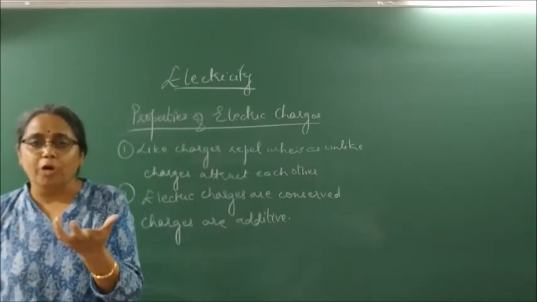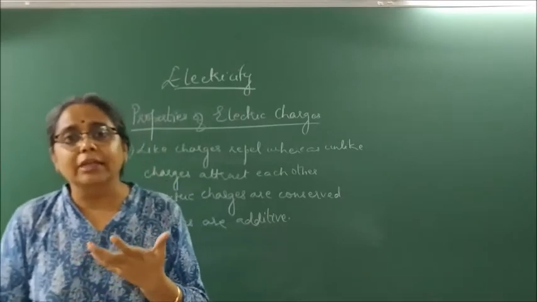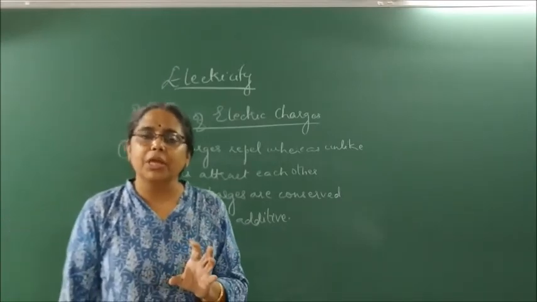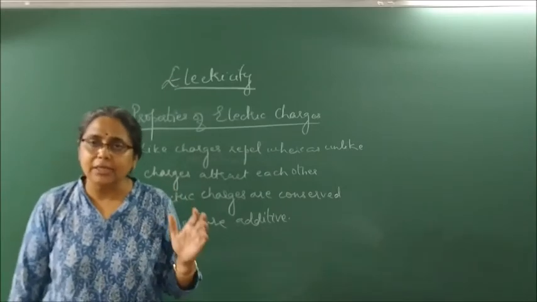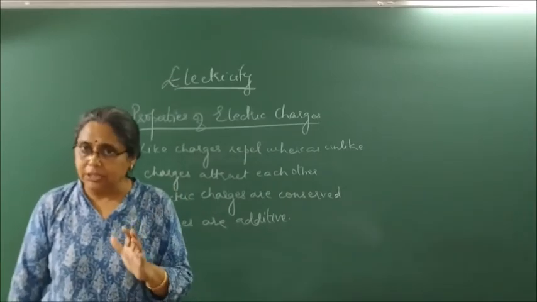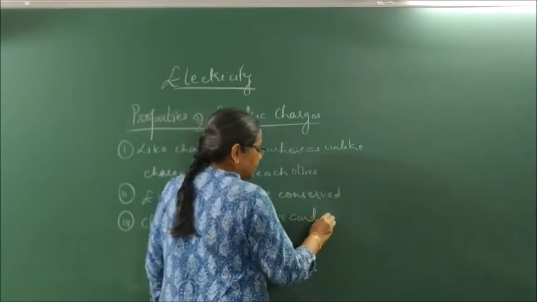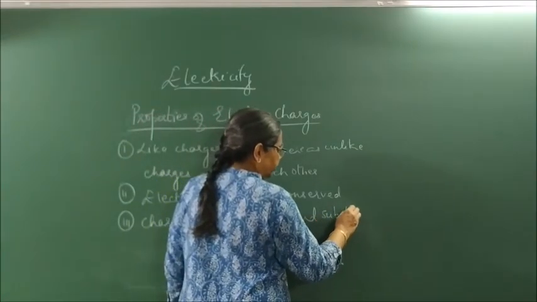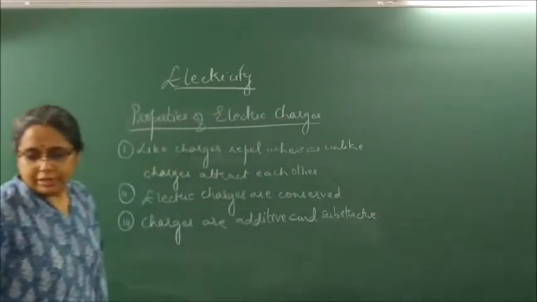If there are two bodies whose charges are 6 coulombs and 8 coulombs, then the total charge of the system becomes what? 6 plus 8 coulombs. So you can add charges and you can subtract charges. So we write charges are additive and subtractive. Then charges are quantized.